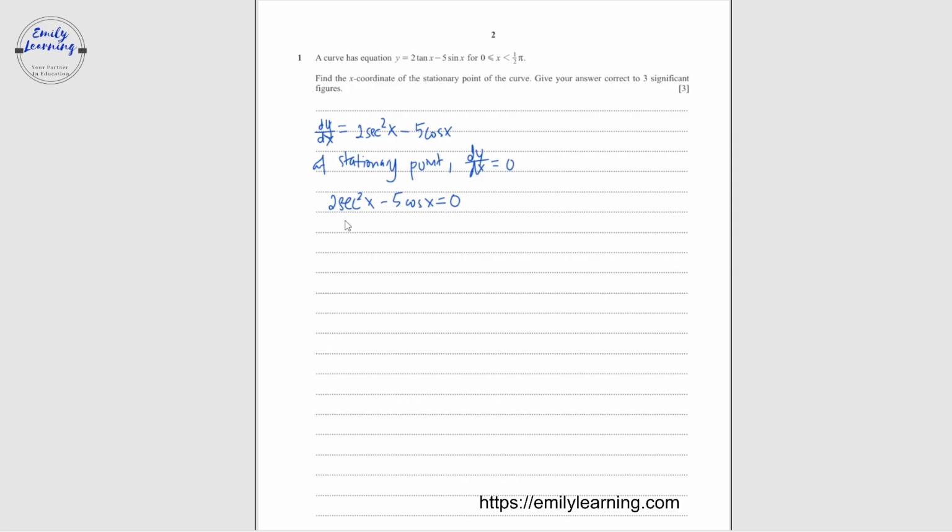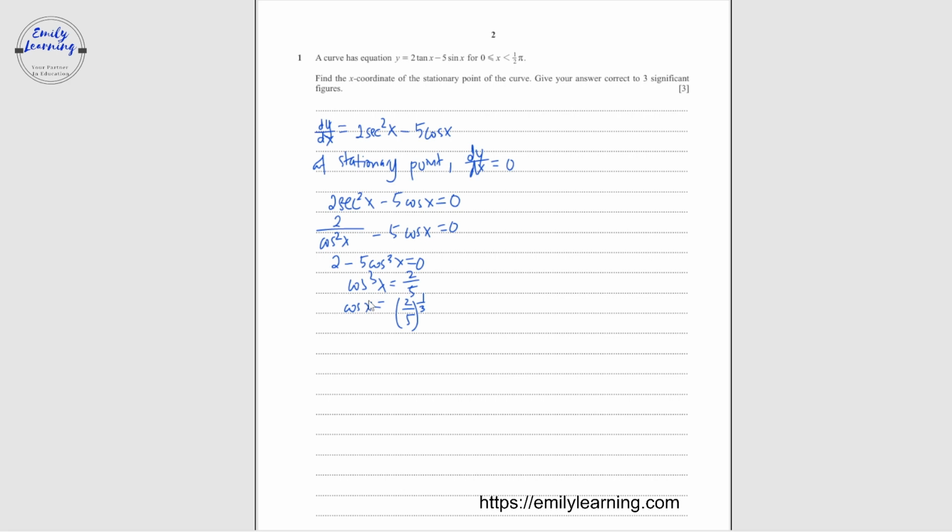Now we know that secant is the same as 1 over cosine, so let me rewrite this as 2 over cos squared x minus 5 cos x equals 0. I will multiply all terms by cos squared x, which gives me 2 minus 5 cos cubed x equals 0. In other words, cos cubed x is equal to 2/5, and cos x is equal to (2/5) to the power of 1/3, or the cube root of 2/5.